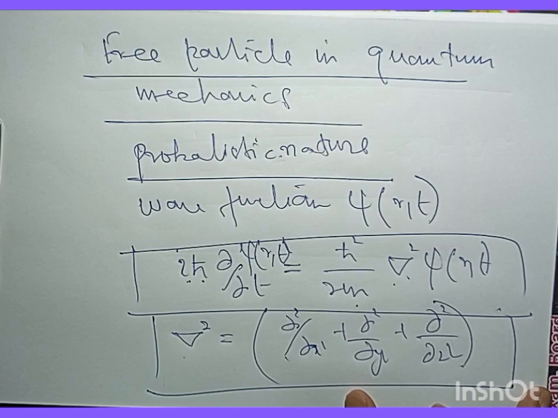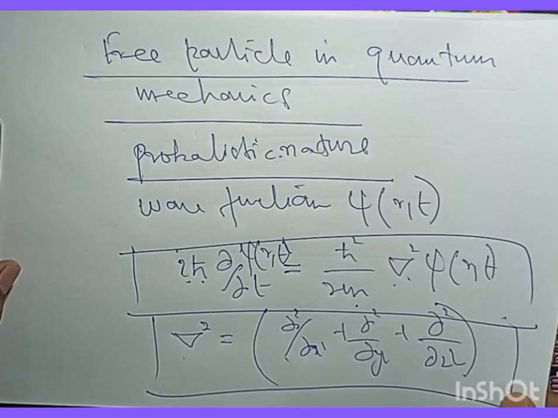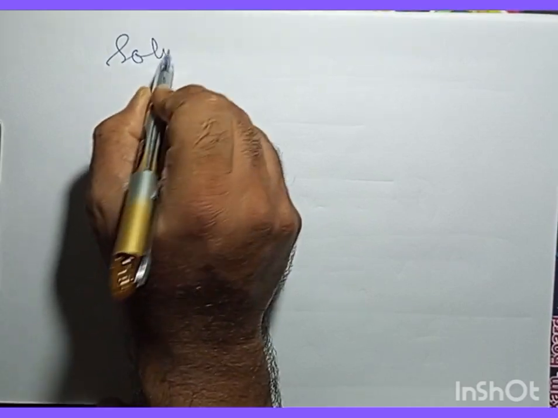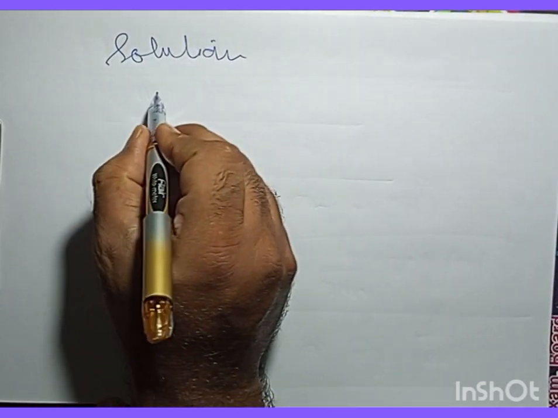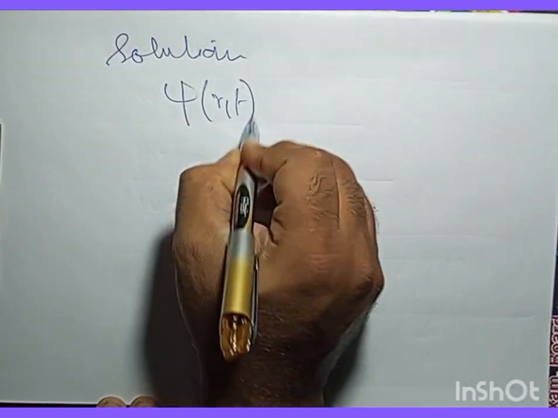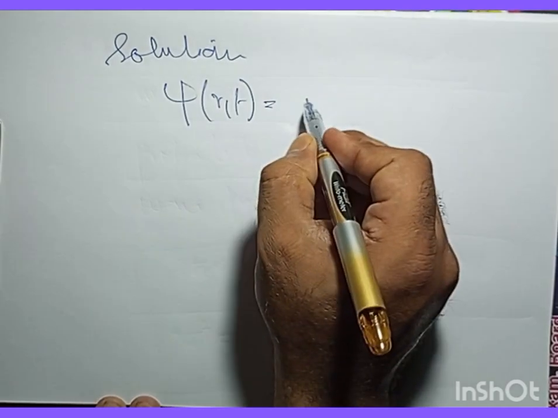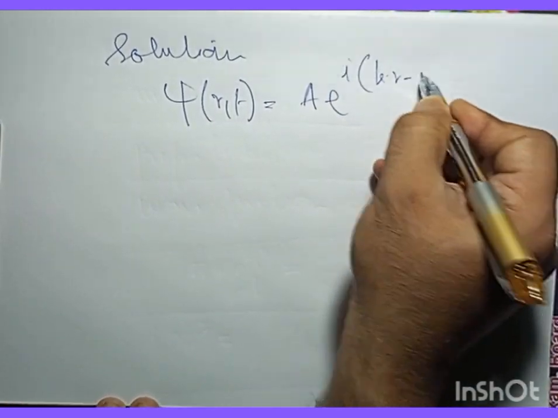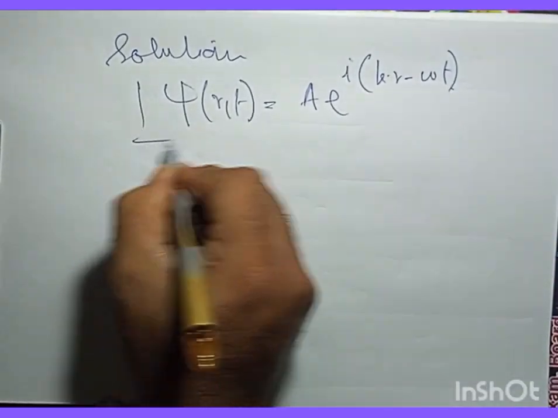Now, this Schrodinger wave equation for a free particle has a solution. The generally utilized solution for this Schrodinger's equation is that psi of r,t is A e to the power of i times k dot r minus omega t.